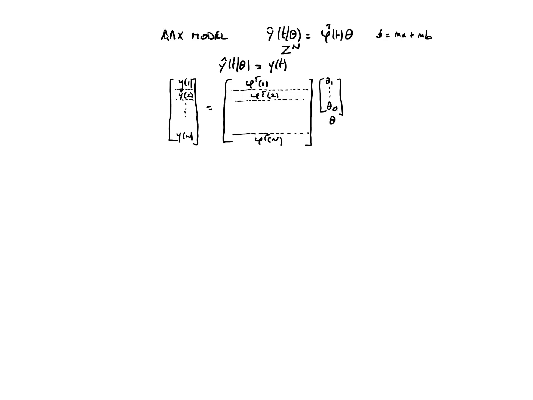This is a system of equations, right? There are n equations, and there are, well, d unknowns. So obviously there is no exact solution, okay, but there is a solution in the least squares sense.